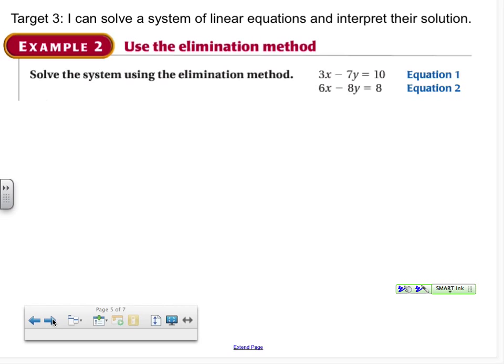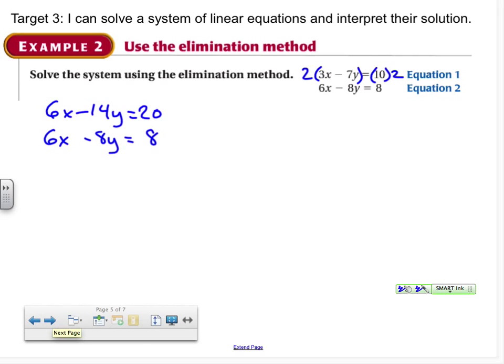So I'm going to take the first equation and double it. Whenever you double one side, you double the other so that you keep your balance. We'll get 6x minus 14y equals 20. The second equation, I don't need to do anything, and it'll still have the matchup. So I'm going to leave that equation alone: 6x minus 8y equals 8.